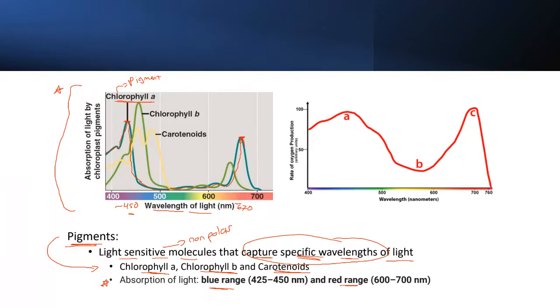That's the red-orange portion of the spectrum. So chlorophyll A is also really good at absorbing these wavelengths. And then again, it collapses around the red part. So what is this telling us about chlorophyll A? It is really good at absorbing certain wavelengths, in this case around 450 and around 670 maybe.